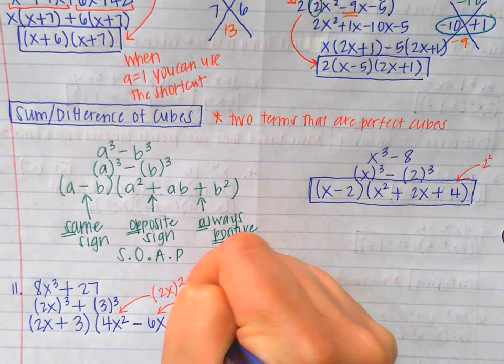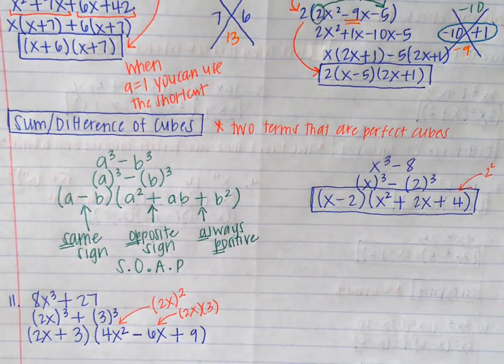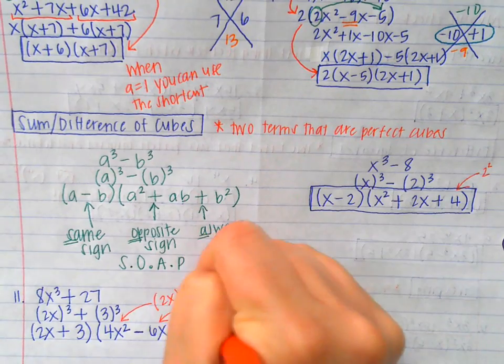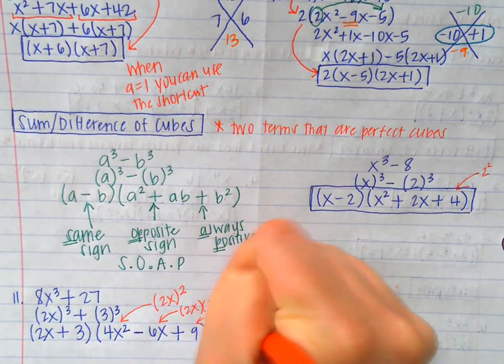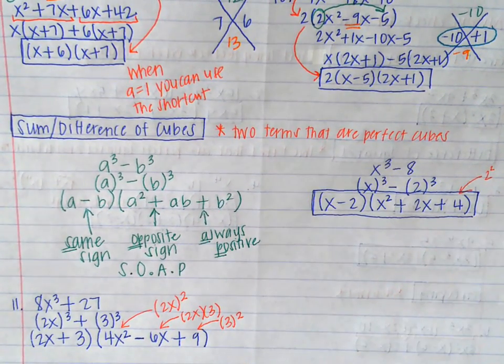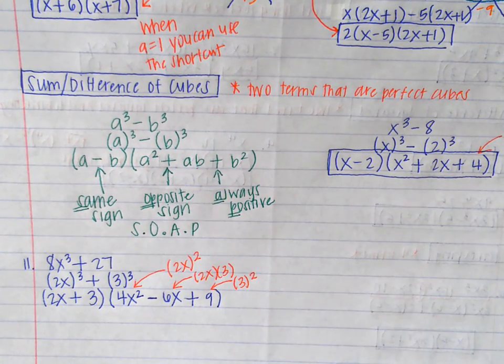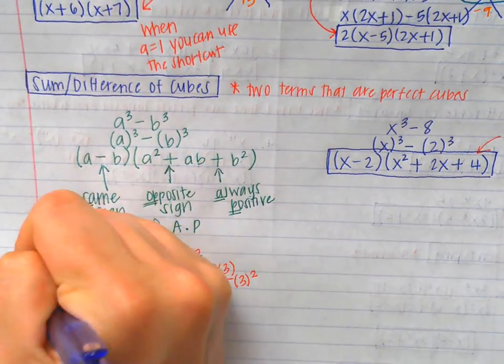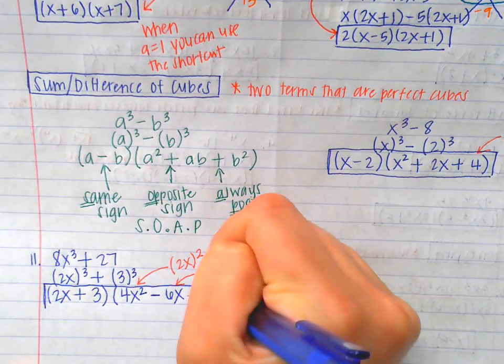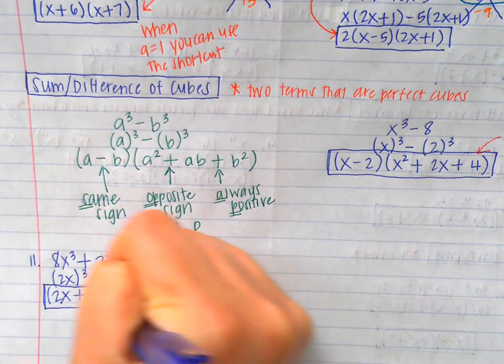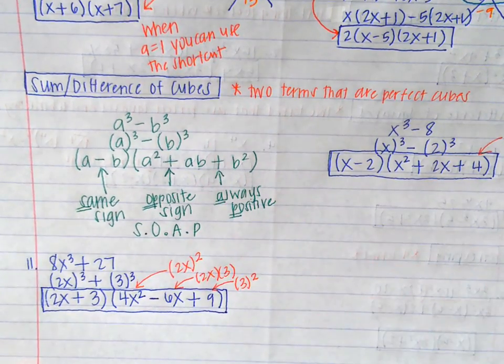So 3 squared is 9. And that's it. That is your final answer. And remember, this one will not be factorable. If you don't trust me, you can try and factor it yourself and see if you can.